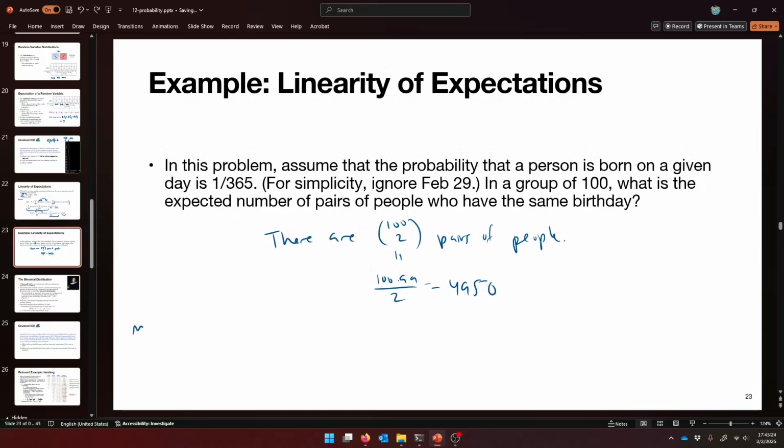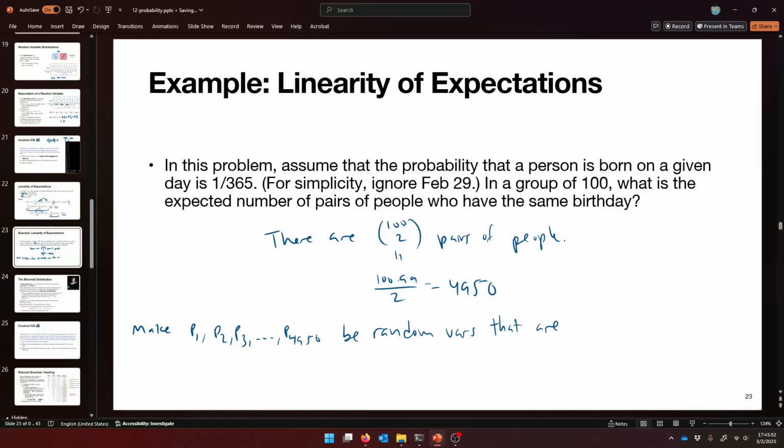This is the trick: you make P1, P2, P3, all the way to P4950, 4,950 random variables, one for each possible pair, one for each pair of people in this group of 100. Let them all be random variables, and this is the value that they're going to take on. This is the beauty of this.